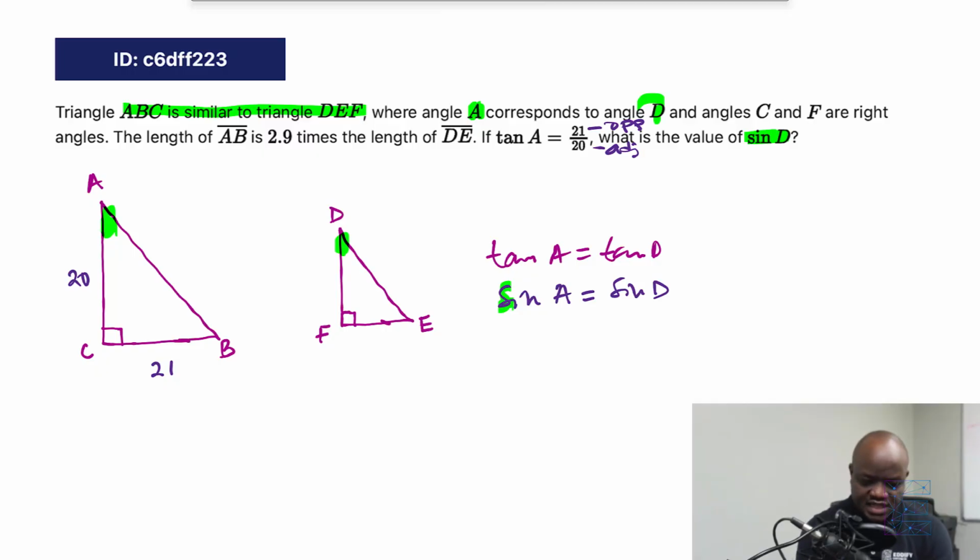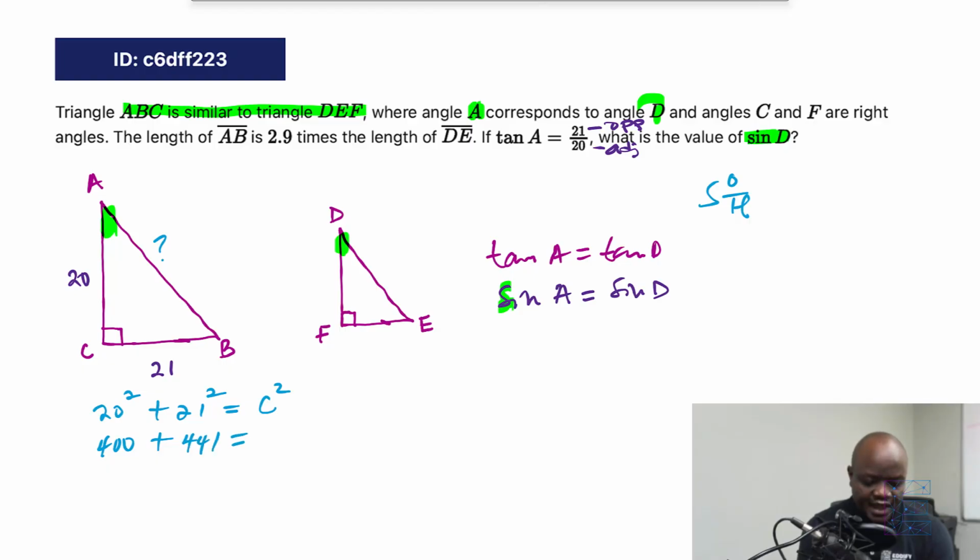Remember, sine involves using this little saying, opposite over hypotenuse. So we need to figure out the hypotenuse over here using the Pythagorean theorem, right? So 20 squared plus 21 squared equals c squared. C is the hypotenuse. So 20 squared is 400 plus 21 squared is 441.